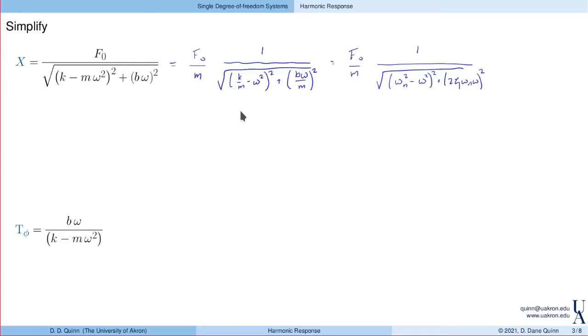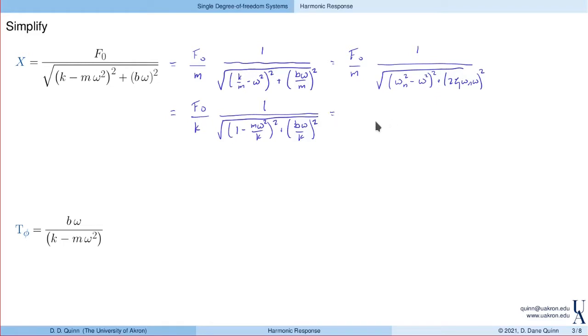Now I'd like to do a similar thing by factoring out the stiffness. So again, we have F naught over k. When I do that, we're factoring out k, so this becomes 1 minus m omega squared divided by k, quantity squared, plus b omega over k, quantity squared. All these things are exactly the same. I'm just representing them in different forms because eventually I want to highlight what happens when we change the natural frequency or what happens when we change the damping ratio.